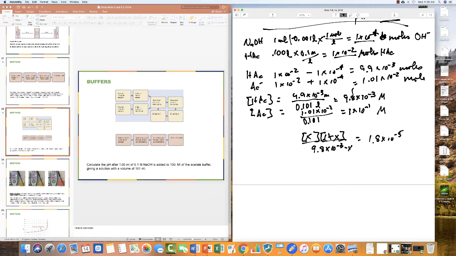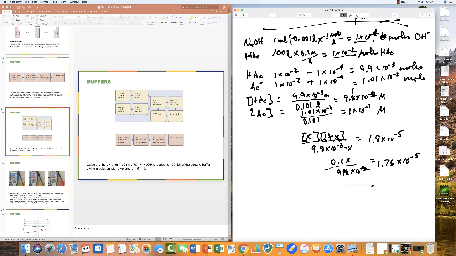And so again, you can disregard these two X terms, and you end up with 0.1x over 9.8 times 10 to the minus... I'm sorry, 10 to the minus 2 here, and that's going to equal 1.76 times 10 to the minus 5.